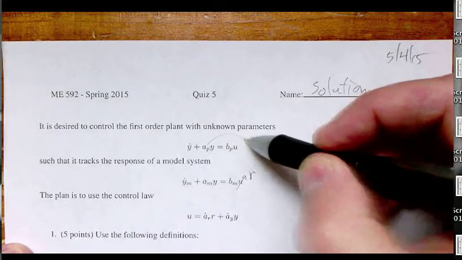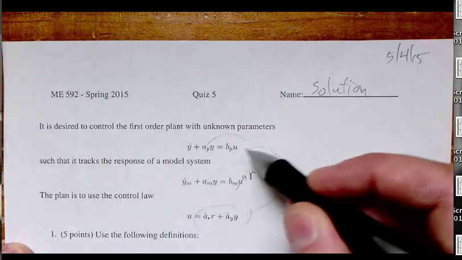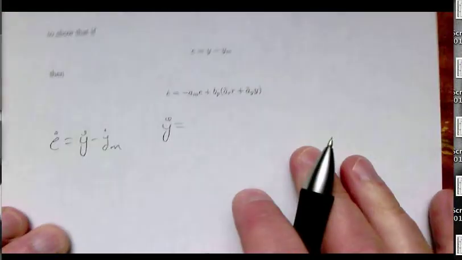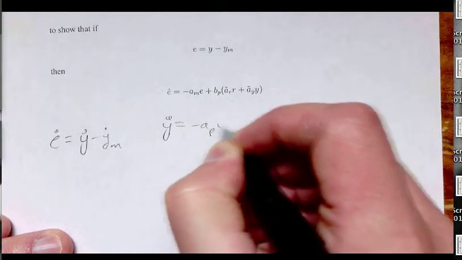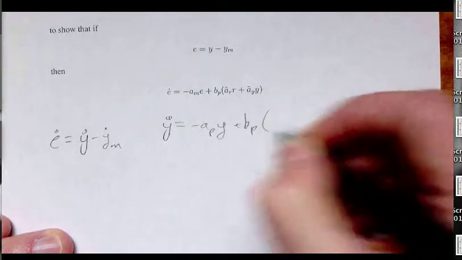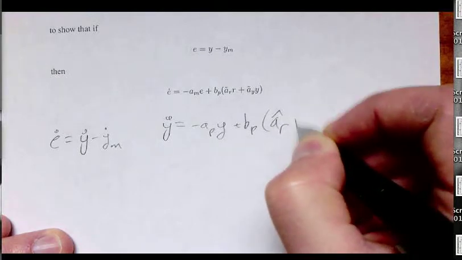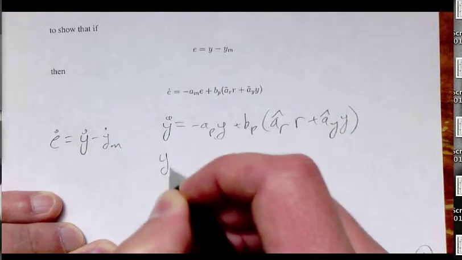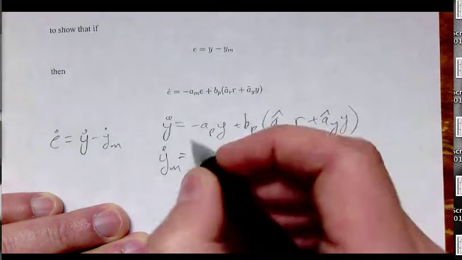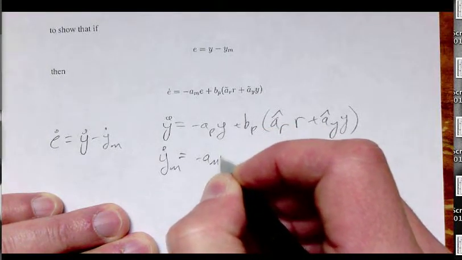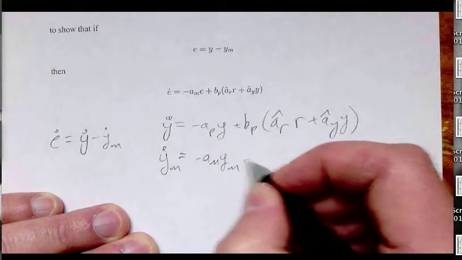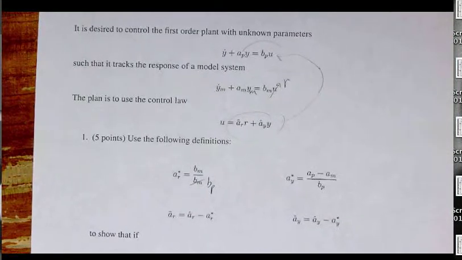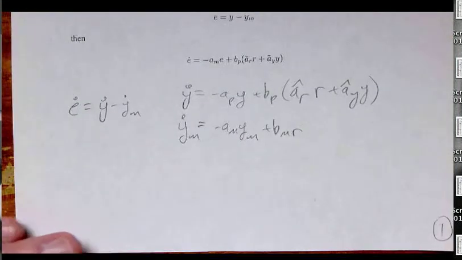We're basically going to subtract this term across, subtract that term across, substitute that in for U. So Y dot will be a negative AP Y plus BP times AR hat R plus AY hat Y. And then YM dot will be a negative AM YM plus BM R. So you could make the argument that that's also a typo, that there's not a subscript of M on there. Sorry about that. I don't know what my deal has been.